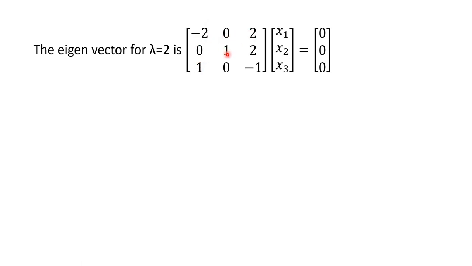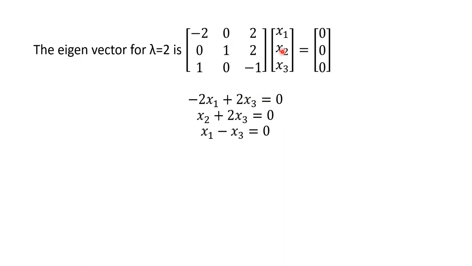Now we find the eigenvector for lambda equal to 2, so we take A - 2I. A - 2I is [-2, 0, 2; 0, 1, 2; 1, 0, -1] into x1, x2, x3 equal to 0, 0, 0.